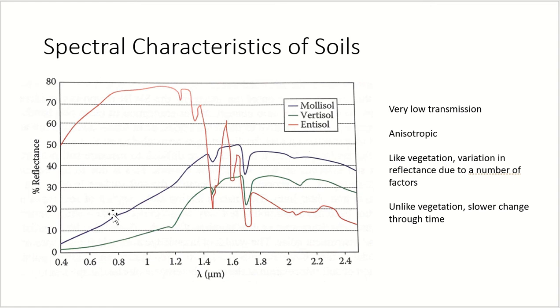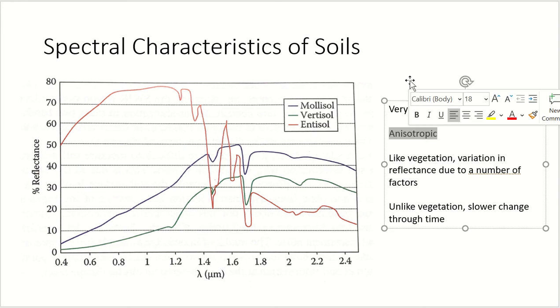They could be due to factors at the scale of the sand grain or the silt, the clay, the grain size. So as with vegetation, it's your within class variation. I'm using that term within class to talk about why different areas of soil might behave differently with respect to the light. That within class variation can come about due to a number of circumstances or factors.